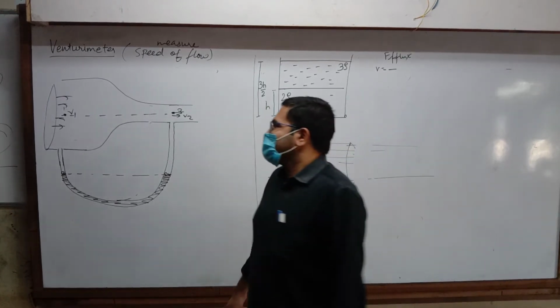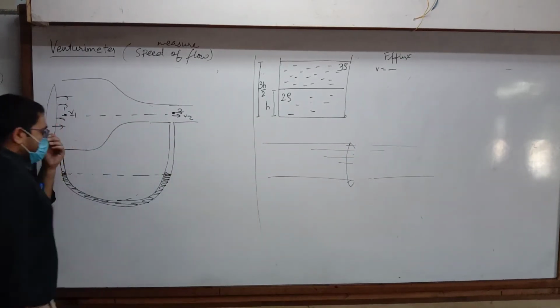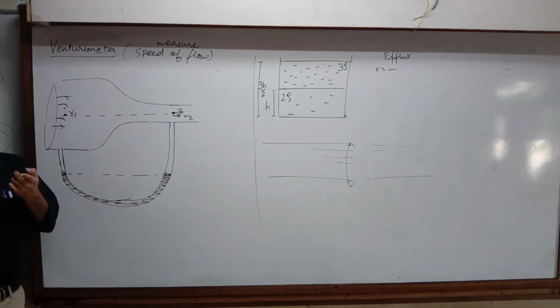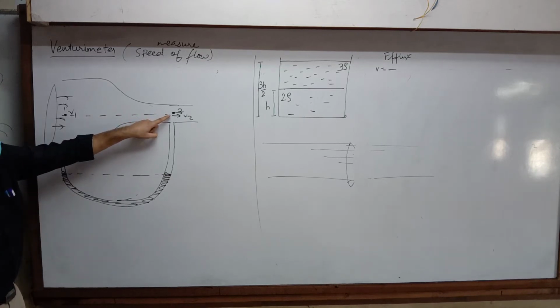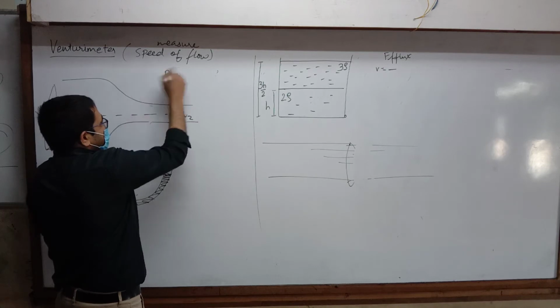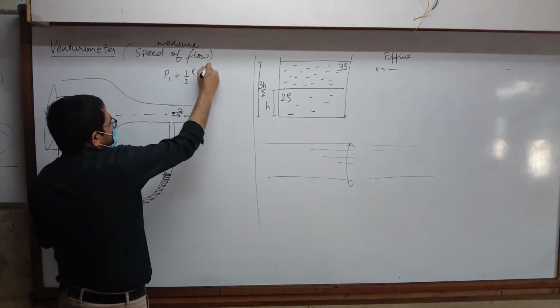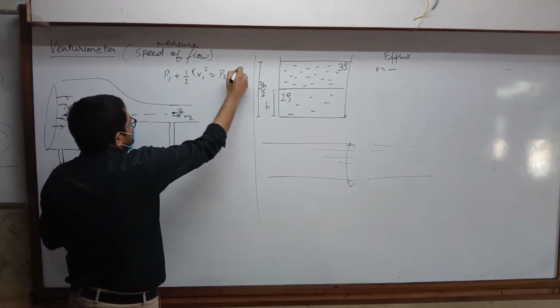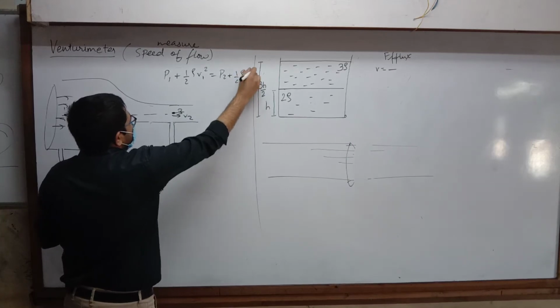Right. So then I did ask you, I think, I remember explaining to you, which point has more pressure. Here speed is more, so pressure is less because of Bernoulli's equation. If you write, height is the same, so P1 plus half rho V1 square equals P2 plus half rho V2 square. Understood?